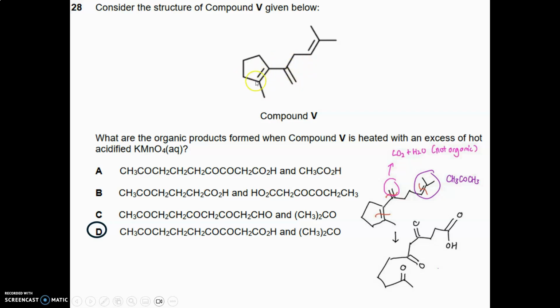And this cyclic alkene becomes a ketone on this side and a ketone on this side. The ketone groups in the product are separated 1, 2, 3, 4, 5. So it is a 1,5 diketone structure that is found in the product.